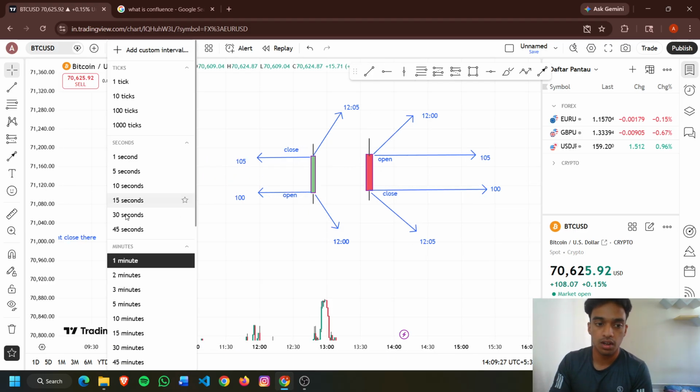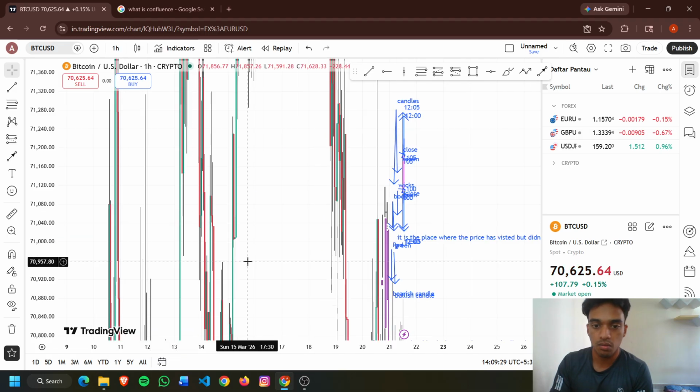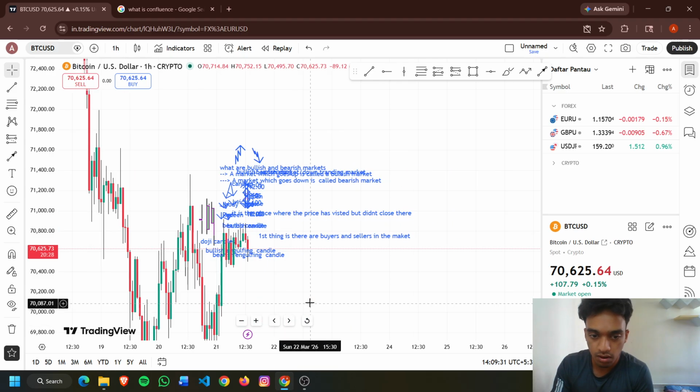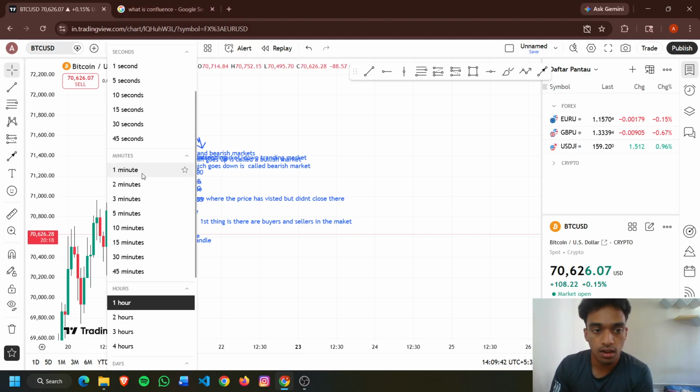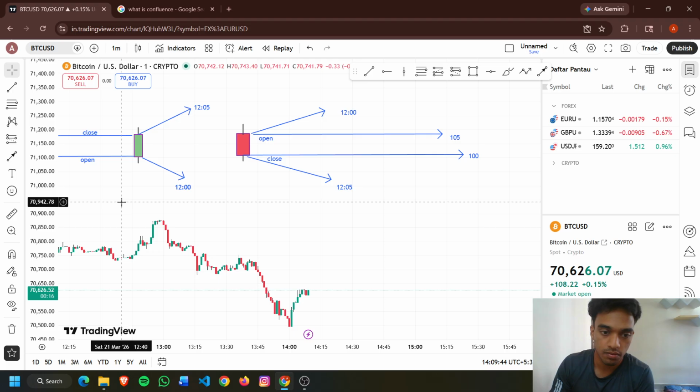If it's a 4 hour time frame or 1 day time frame, or 1 hour time frame, for example, it'll take 1 hour to form one candle. I hope everything is clear to you guys. So yeah, I'll go back to the 1 minute time frame.